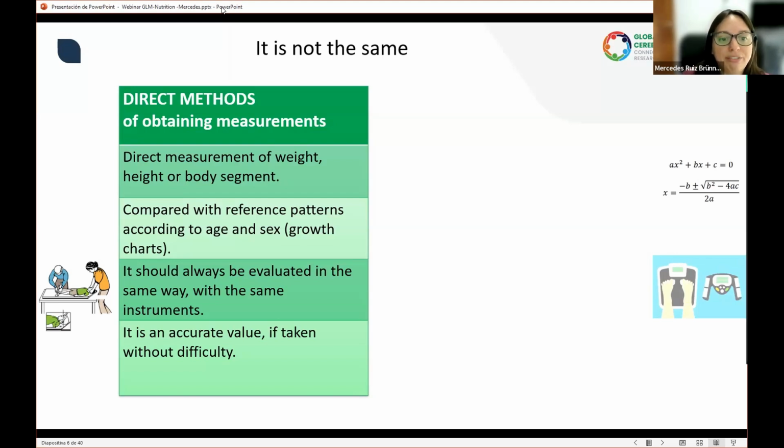When we measure height, for example, and we have a lot of bone deformities, the value is not as accurate as we should imagine. So in these cases, we should know that we are not having the most accurate value.